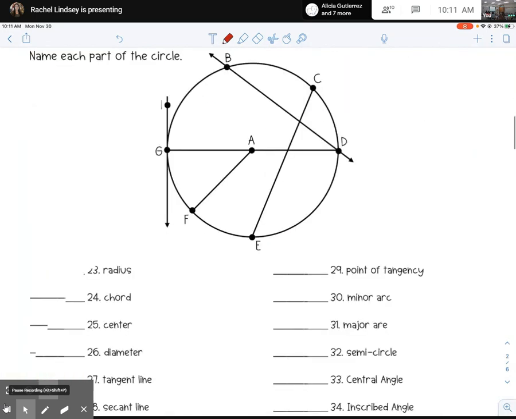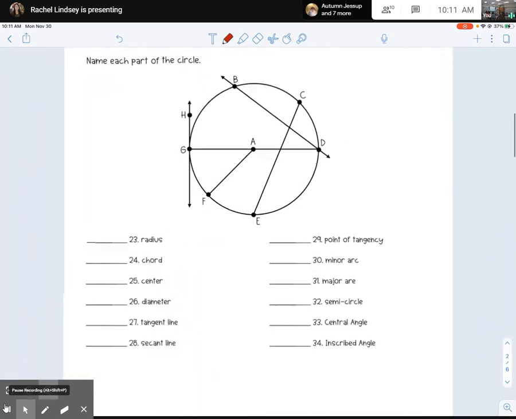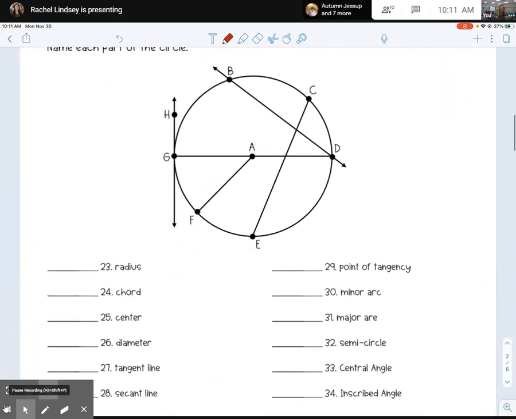Okay. So now on this part, we are going to name parts. We're going to look for a radius. For a radius, there's technically 3 different answers you can have on this one. So if you do it ahead of me and you get a different answer than me, that doesn't mean you're wrong. It just means you might have put a different one. So looking at number 23, we want to find a radius.